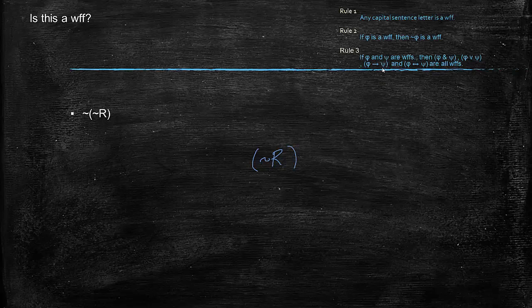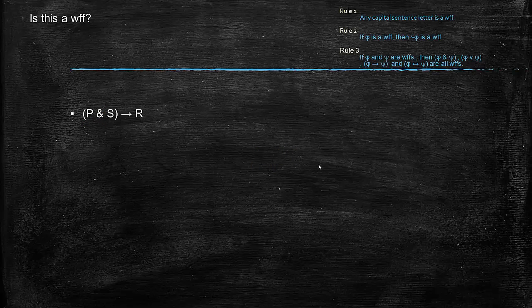The parentheses are only associated with conjunction, disjunction, conditional, and biconditional. So there is no rule that says this is a woof. You may say, well, why not? I mean, it looks like it's a perfectly legitimate thing to do. Well, it just isn't. We don't write formulas like that. It's just not part of the grammar. So that's not a woof.